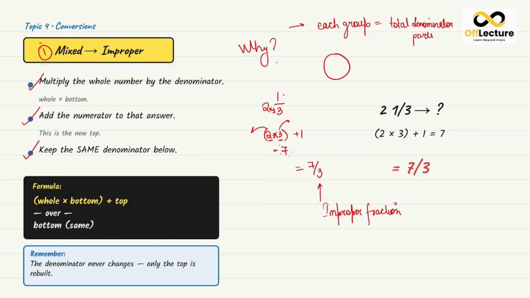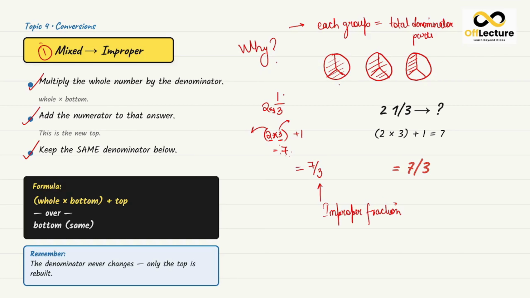For example, if we represent it with a diagram, suppose we have 3 circles divided into 3 equal parts. So 2 1 by 3 means these 2 whole parts and 1 by 3 extra from the third part.